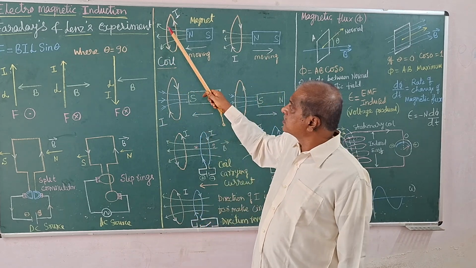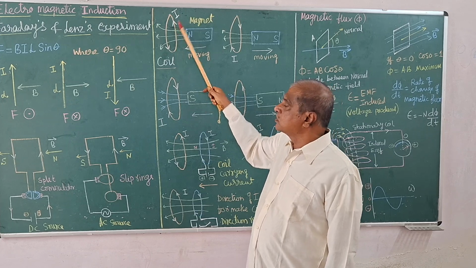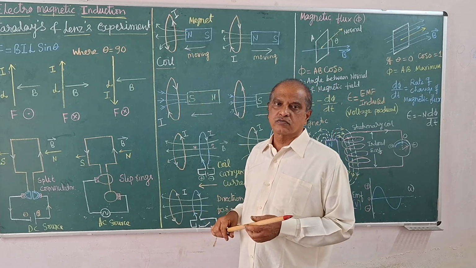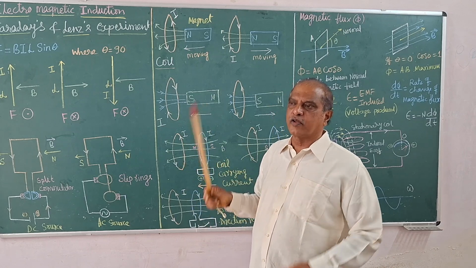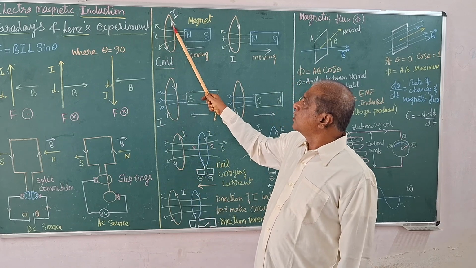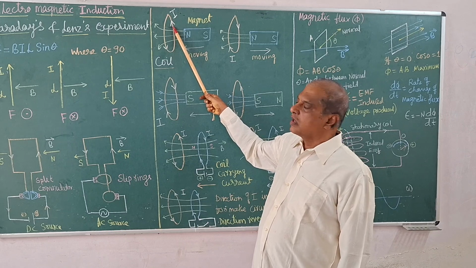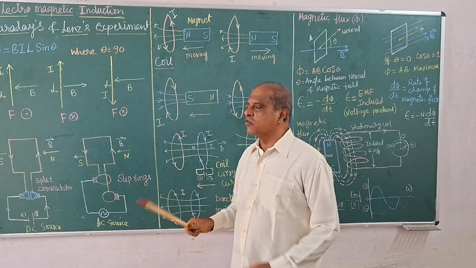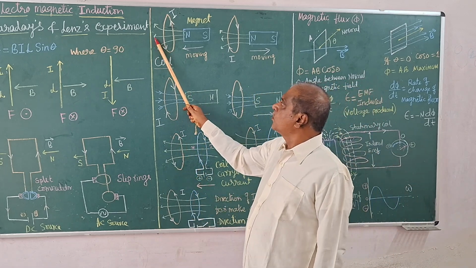Once the current is produced in the conductor, you know that it produces its own magnetic field. Every current carrying conductor induces a magnetic field. Now this coil produces an induced magnetic field. If the magnetic field is produced, what would be its direction? The direction is opposite to this.